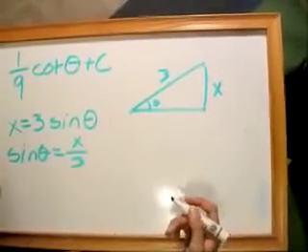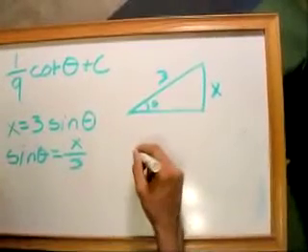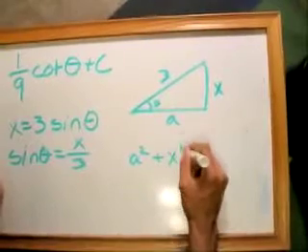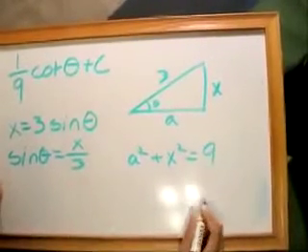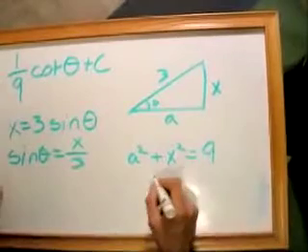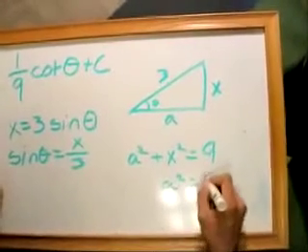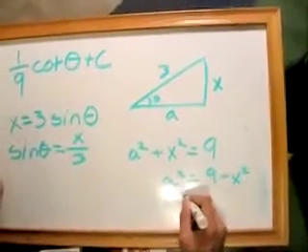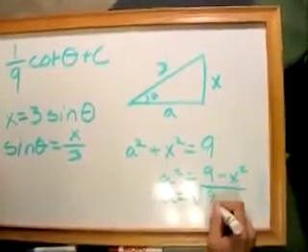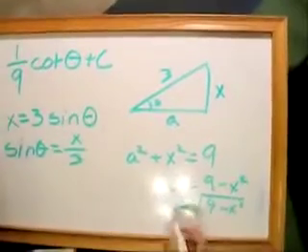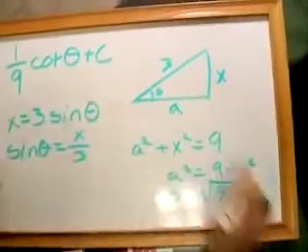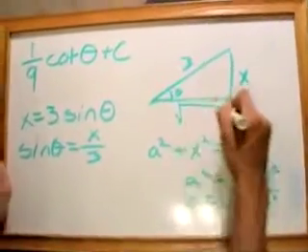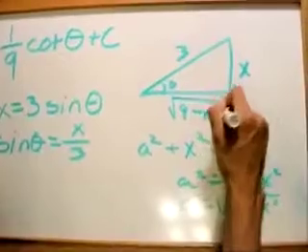So using the Pythagorean theorem, if we set this to a, a squared plus x squared equals 9, and then we isolate the a squared, a squared equals 9 minus x squared, and that becomes a equals the square root of 9 minus x squared. So this side becomes the square root of 9 minus x squared.